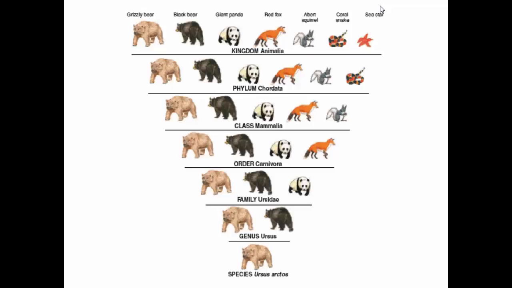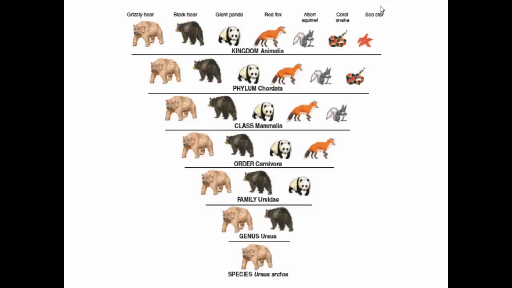If we go the next level down and get more specific, we get to phylum Chordata. Phylum Chordata are all of the vertebrates, all of the animals with a backbone. So what got eliminated? The starfish. It's not in the chordate phylum. It's in a different phylum. Still a wide variety, but they're a little more similar to each other. Then we go down another level into class.